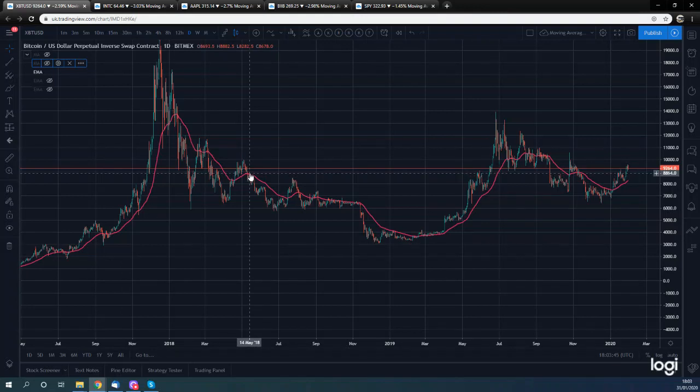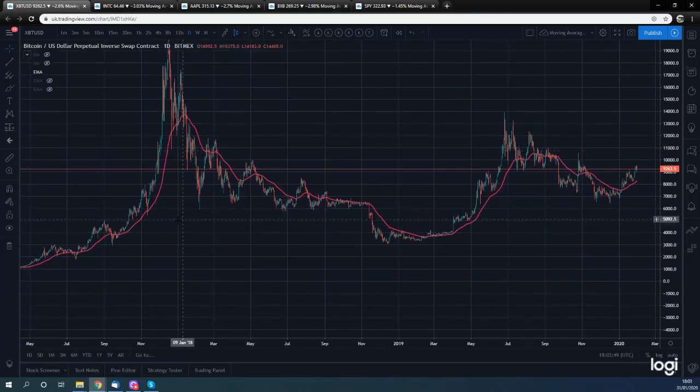So it's more heavily weighted to more recent data. This means it will react quicker to price movements, whereas a simple moving average just has an even weighting from 50 days worth of data.